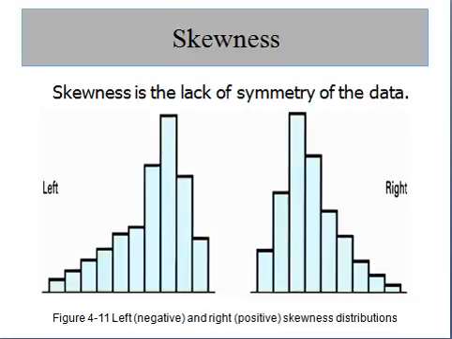So negative skewed, right? And here we have positive skewed. We have discussed that in the histograms portion also. Positively skewed, negatively skewed, and this is like right tailed and this is left tailed.